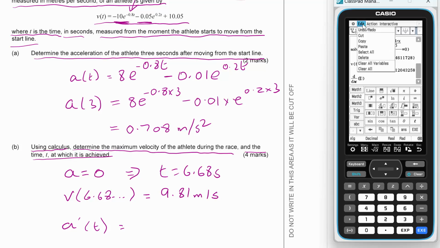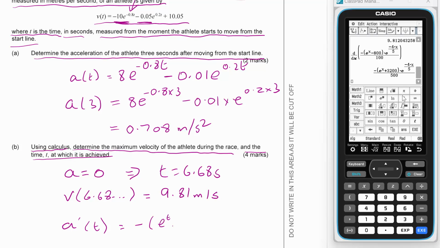I'm just going to paste that in there. And we get this. Might be best to be in standard again. So it is negative e to the t plus 3,200 e to the negative 4x over 5, all over 500.